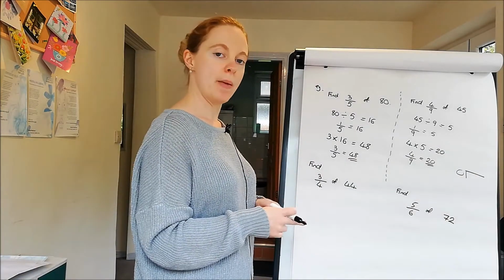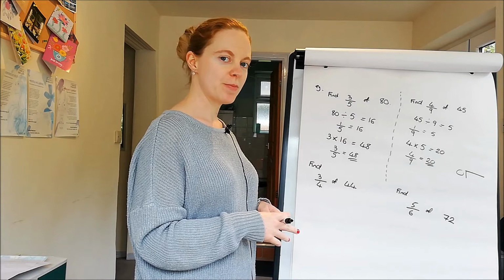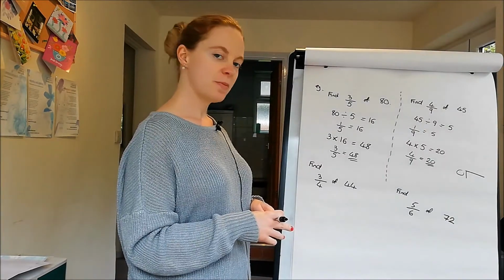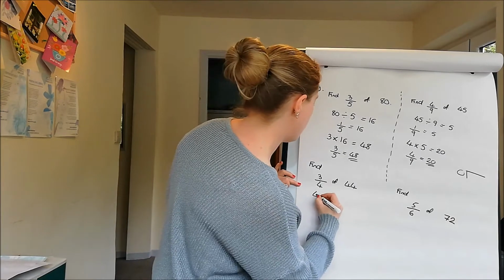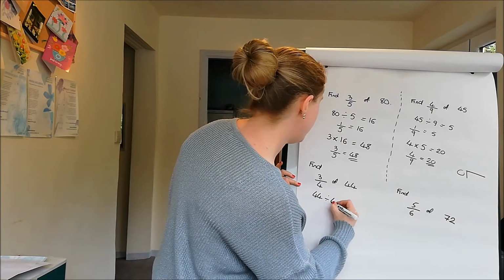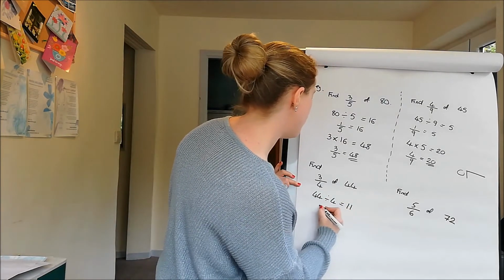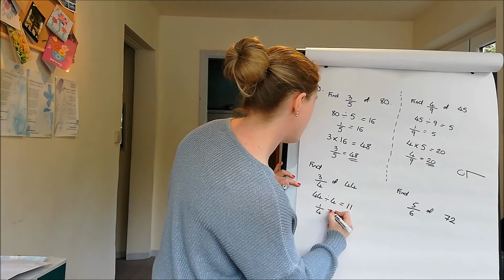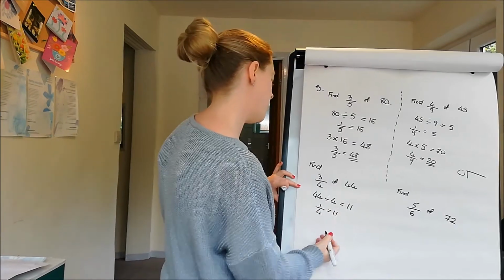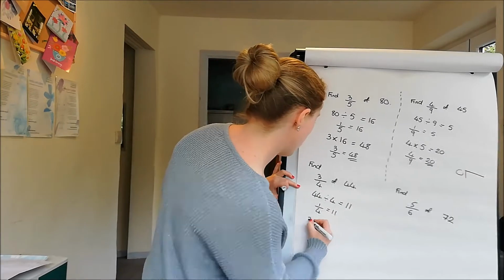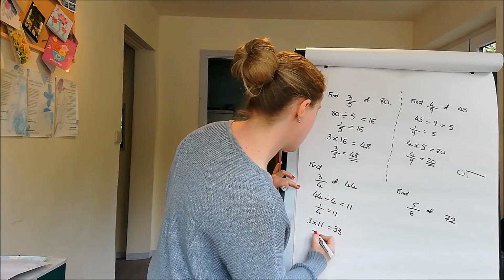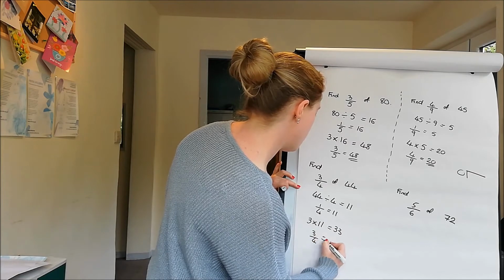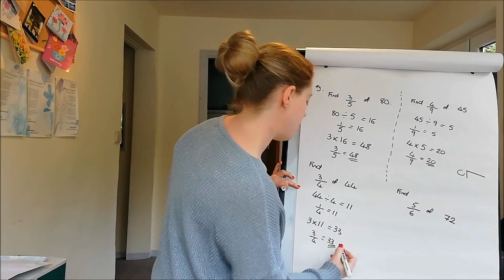When you've tried them, hit play, and I'll go through them. All right, so 44 divided by 4 is 11. So 1/4 is 11. I need 3 of those quarters. So 3 11s is 33. So 3/4 equals 33.